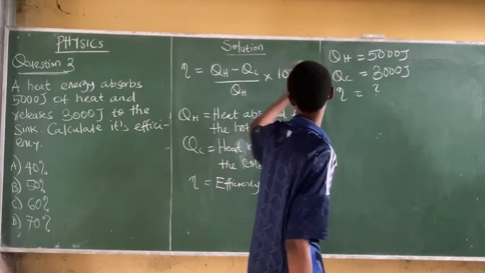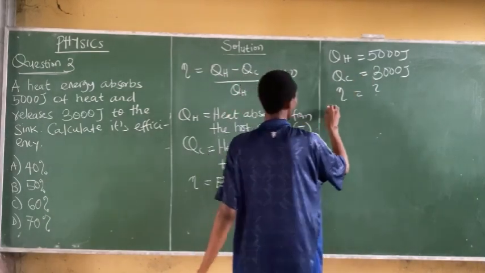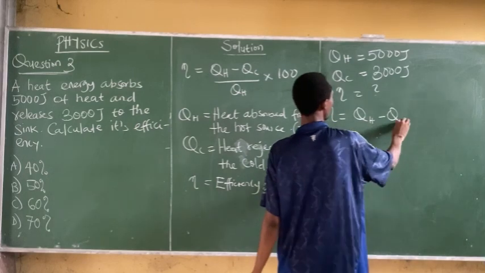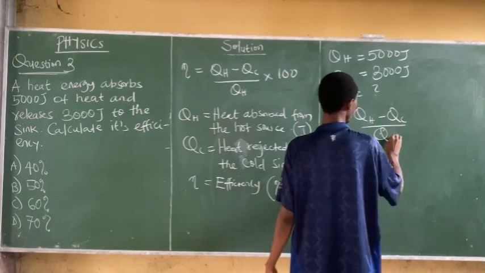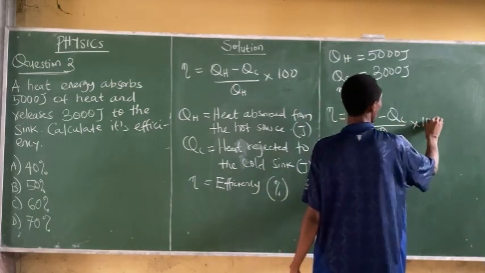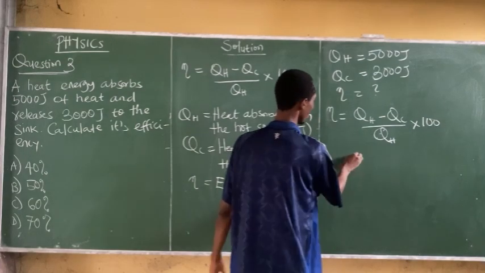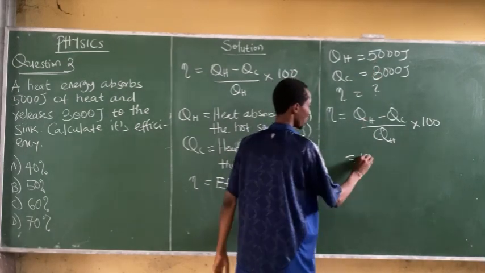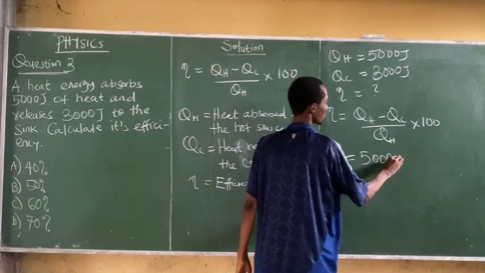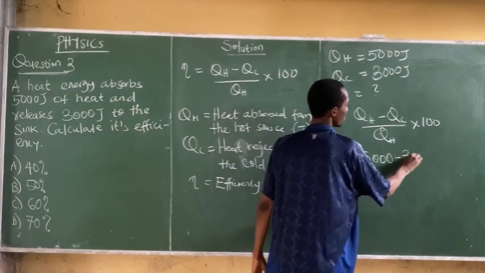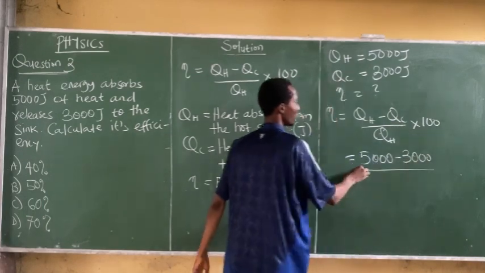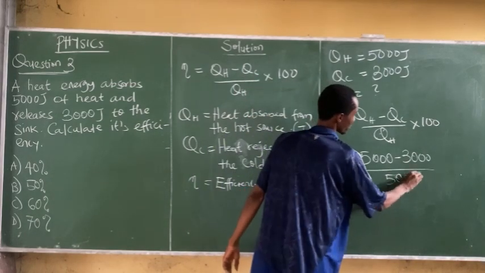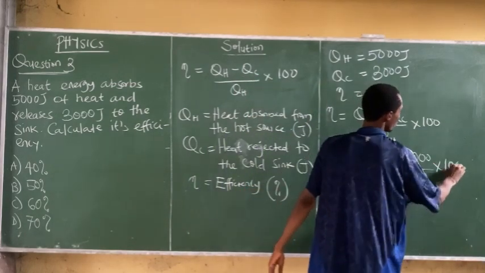If we put this into the equation, we have efficiency is equal to QH minus QC all over QH times 100. This is equal to 5,000 minus 3,000, divided by 5,000, times 100.